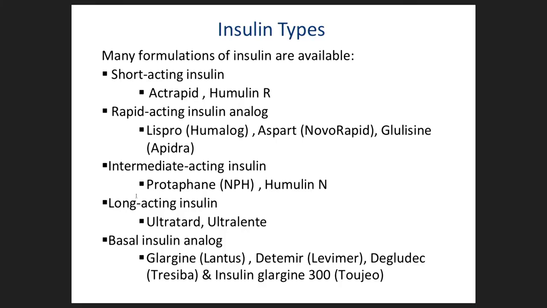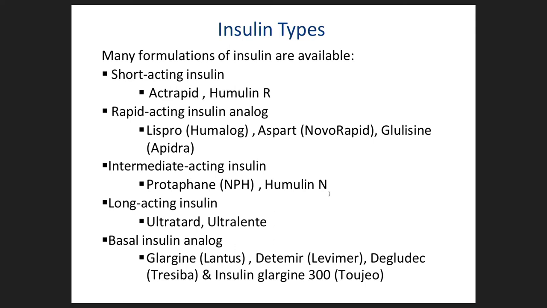So the other remaining 3 types of insulin are considered to be basal insulin, either intermediate-acting insulin NPH or long-acting insulin analogs. For example, we have Glargine, which is Lantus, Detemir, which is Levemir, Degludec, recently Degludec insulin, which is named Tresiba, and insulin Glargine 300, Toujeo.